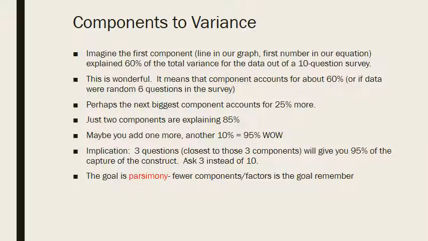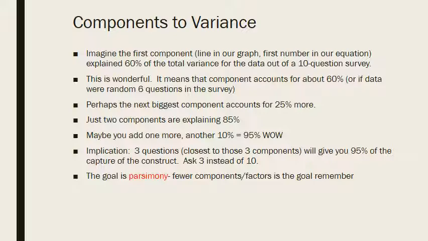So imagine that first component, the line on our graph, which would be a number, y equals mx plus b, imagine that was able to explain 60% of the total variance of the data in a 10-question survey. This is really great. It means that component accounts for about 60%, or if data were random, 6 questions in the survey could be answered on that.